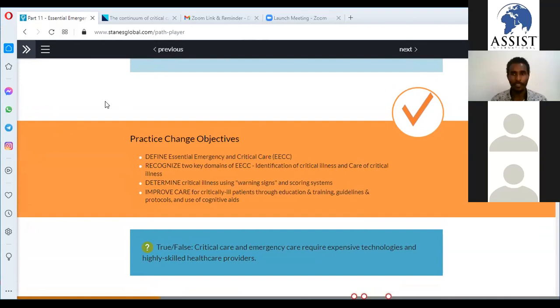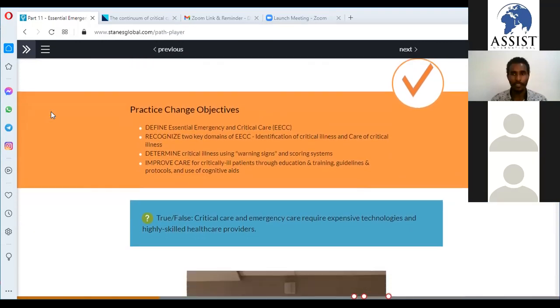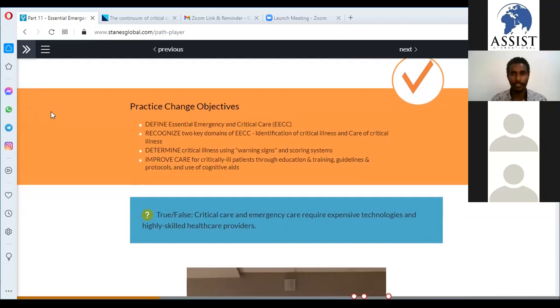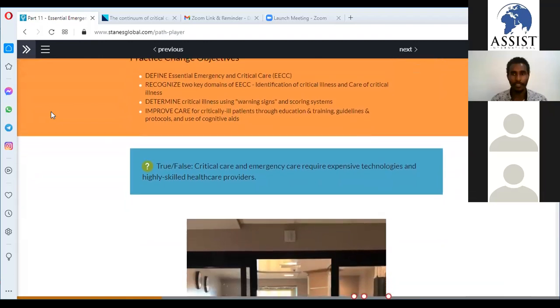Okay, so we'll proceed to the next discussion with the objective of defining what essential emergency and critical care mean, its domains, and also using warning signs and scoring systems to identify critical illness, and ways to improve care for our critically ill patients.